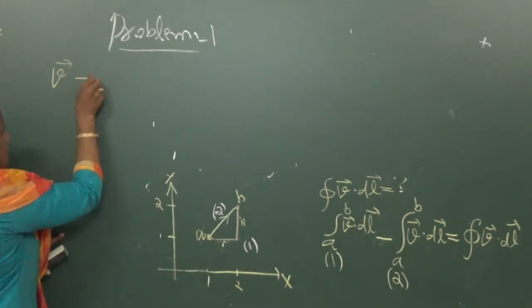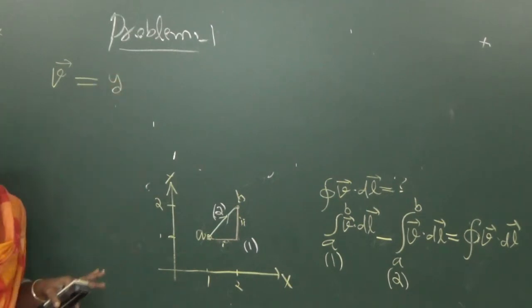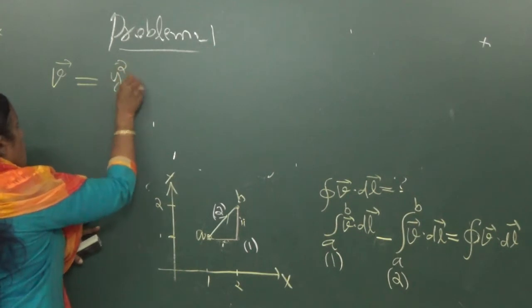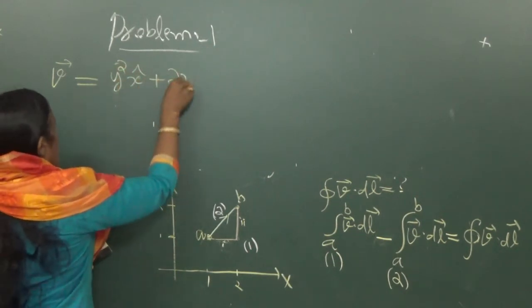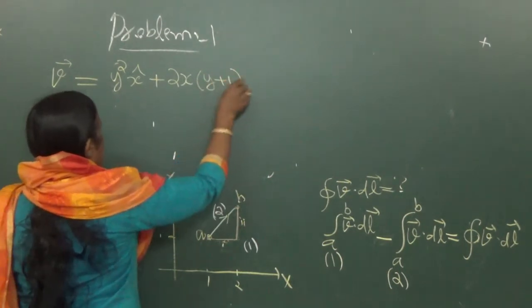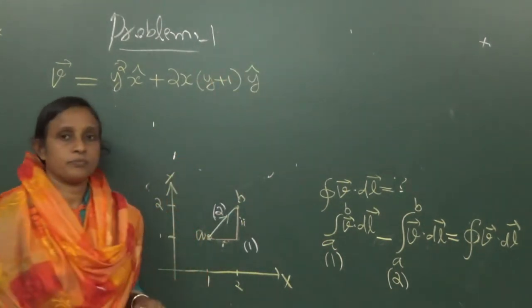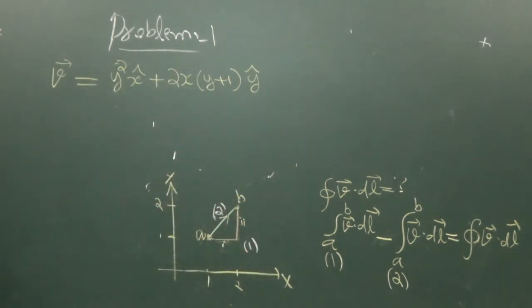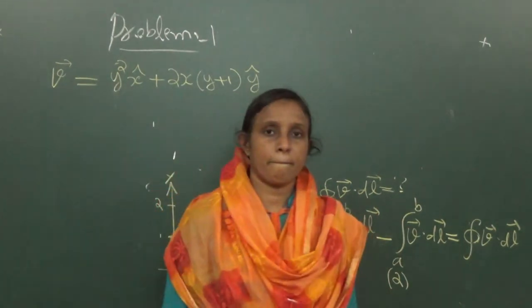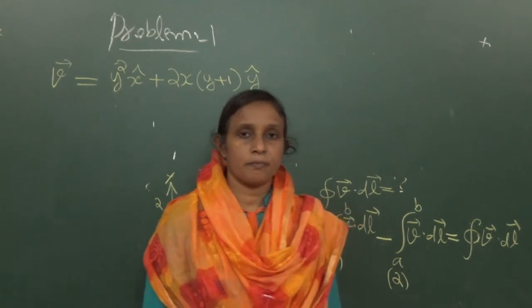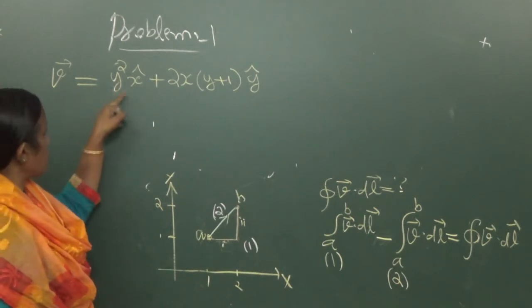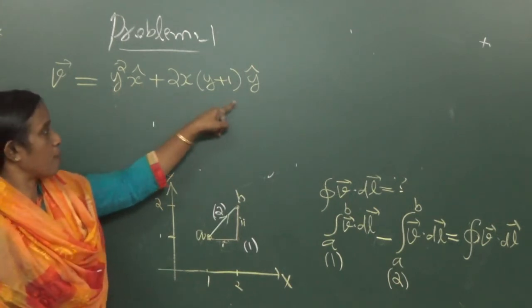It is given that vector v equals y square x cap plus (2xy plus 1) y cap. Okay, the function is this one.